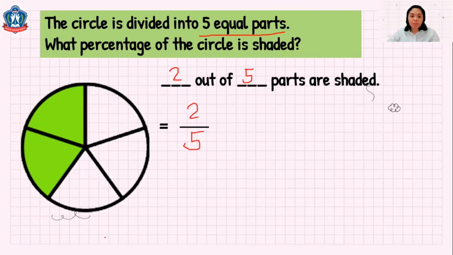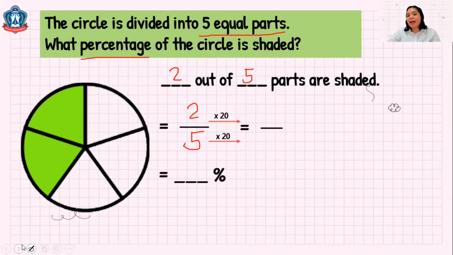So 2/5 of this circle is shaded with green. Remember, for percentage, we need to multiply this by a number to make the denominator 100. So try to continue this and you can find the percentage. And you can share your answers during our Zoom meeting.